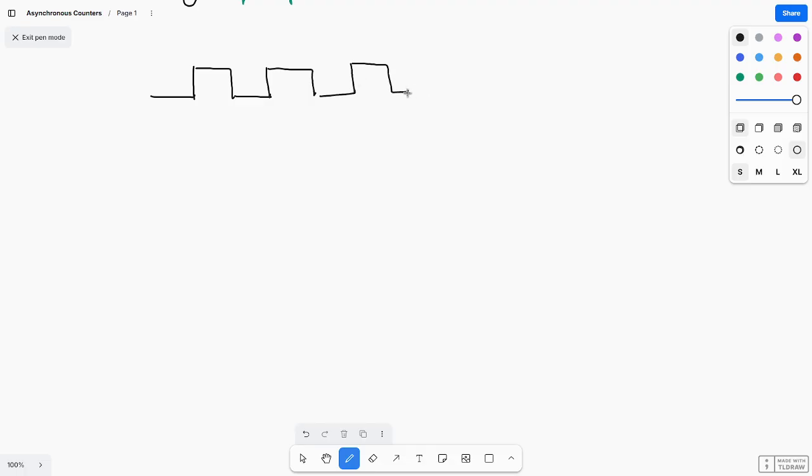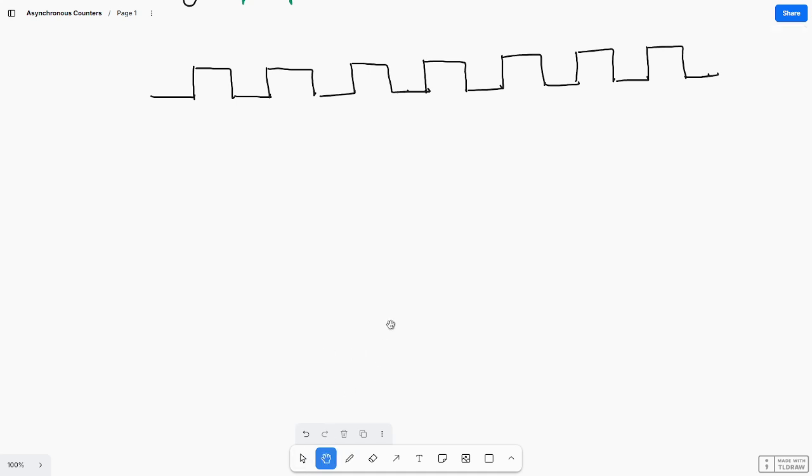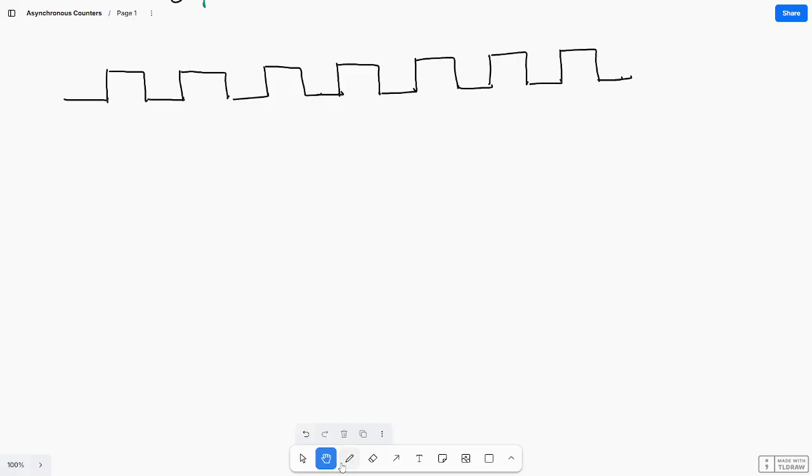So if I draw the clock, how many clock pulses are there in total? 8 clock pulses are there. So I'm drawing the clock.